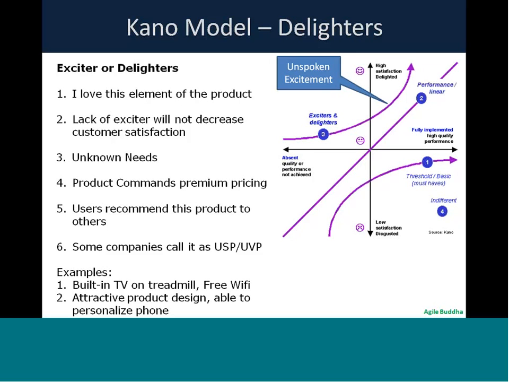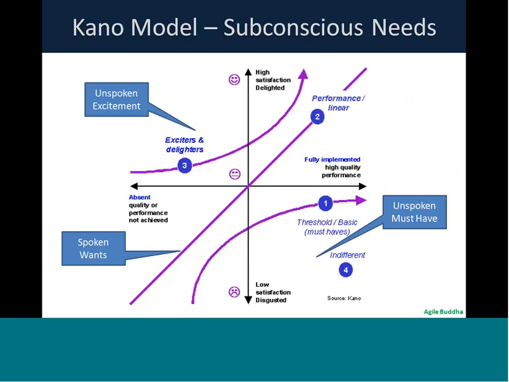What really happens with time is the exciter starts becoming a performance or linear feature, and linear starts becoming threshold or must-have.